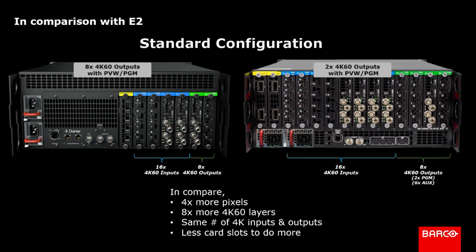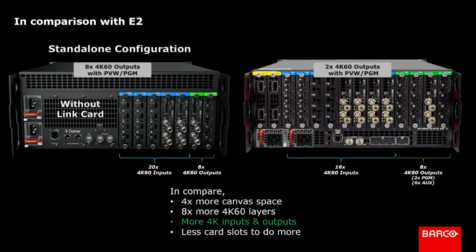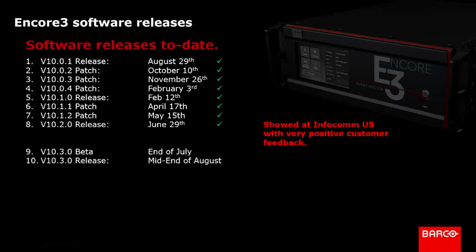There's the same number of 4K inputs and outputs, but there are fewer card slots to do more. So that means if you were to purchase fewer cards, you can actually do more. If you take away the link card, you actually get more 4K inputs and outputs with the Encore3 than you do with the E2. So again, more inputs and outputs with link systems.